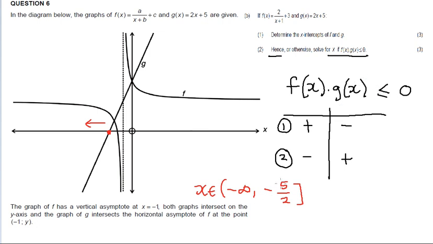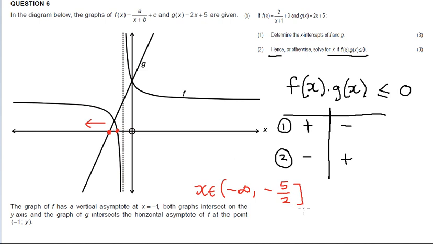And then similarly, for solution number 2, we're now looking for where f is negative and g of x is positive at the same set of x values. That's going to be true between the x-intercept of f of x and its vertical asymptote.